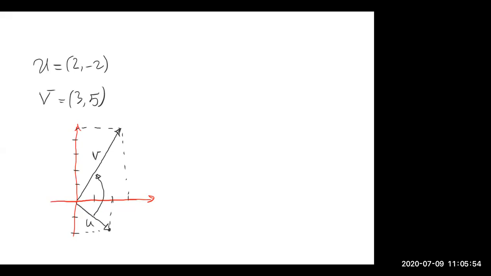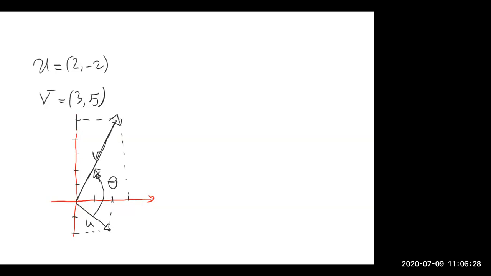Okay, so that's the theta we are looking for. It should be something like this. That would be theta. Okay, we have another answer, 265.